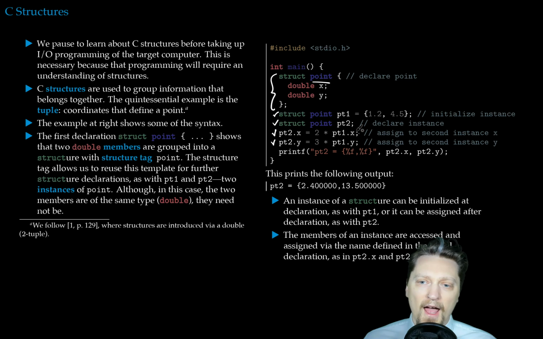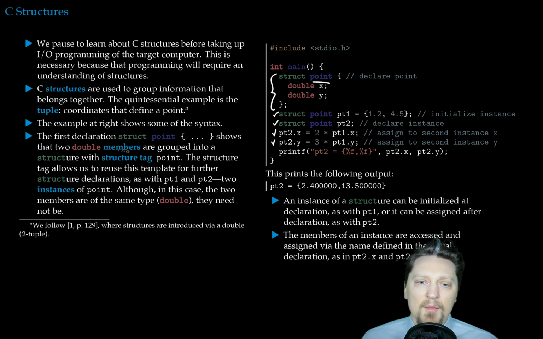So we see here how to access values in a struct and how to assign to them as well. We then do a quick print of pt2.x, pt2.y, and we get 2 times 1.2, or 2.4 as x, and 3 times 4.5, or 13.5 as y.